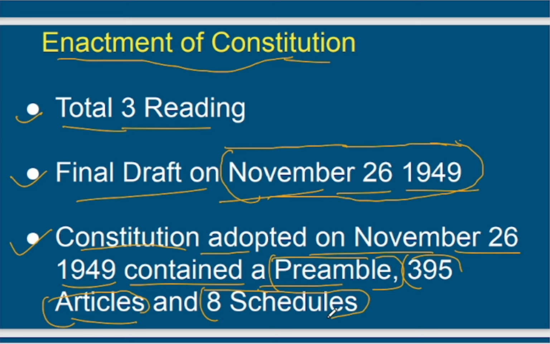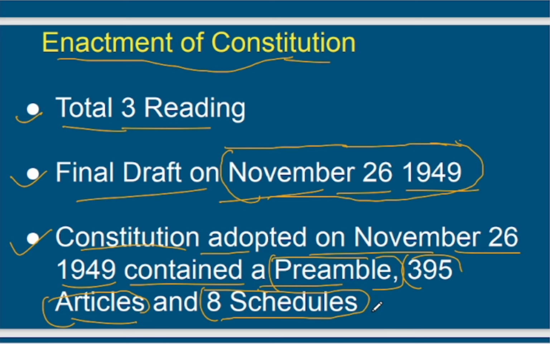Questions have been asked in UPSC pre and BPSC pre. When the Constitution was first adopted on November 26, 1949, what did it contain? It contained a preamble, 395 articles, and 8 schedules.